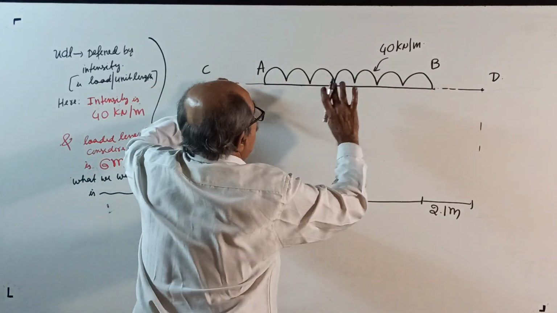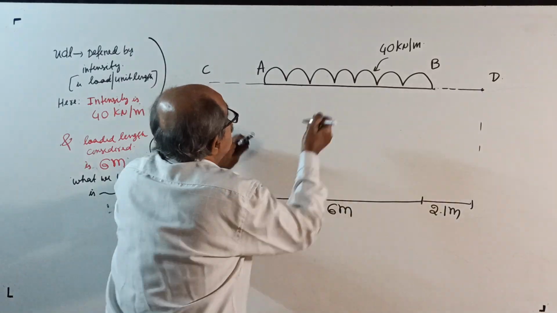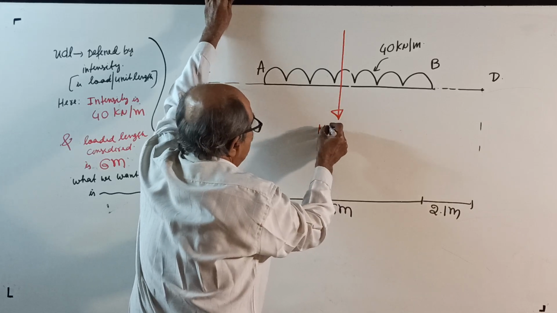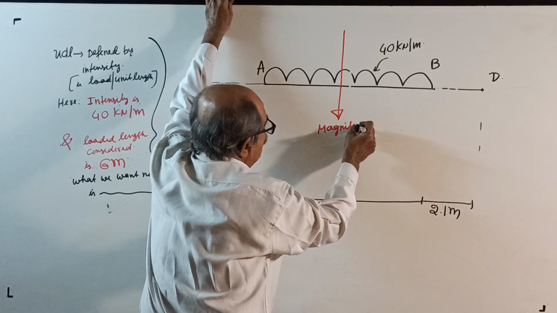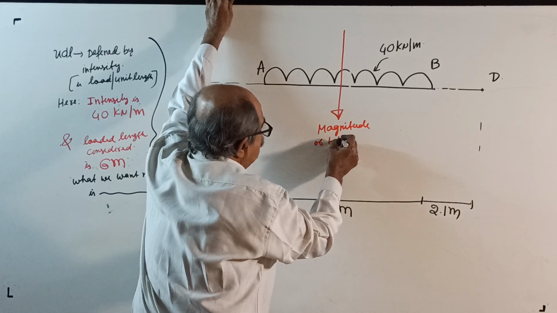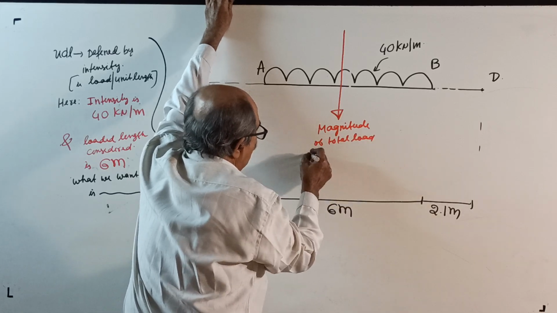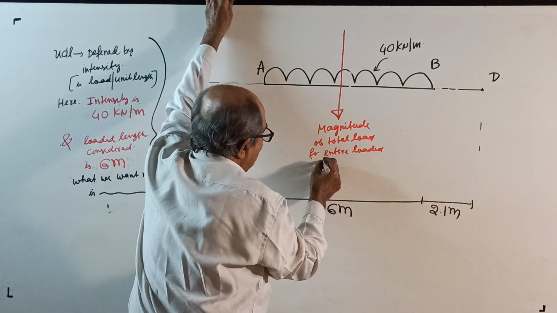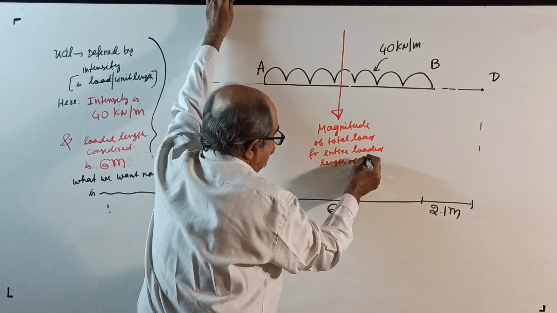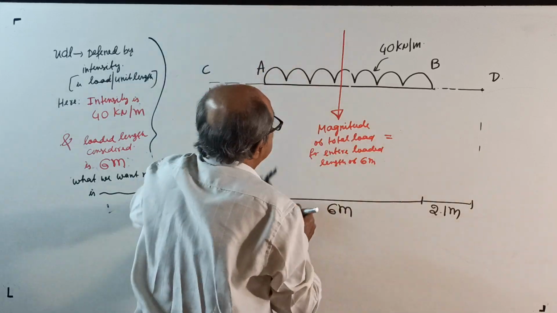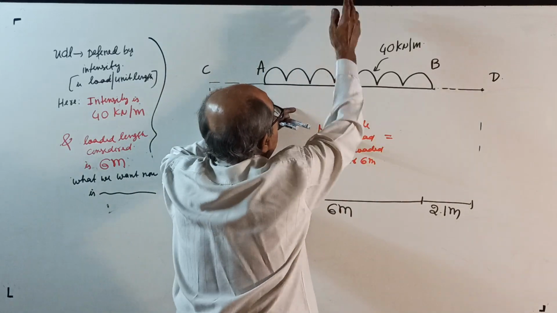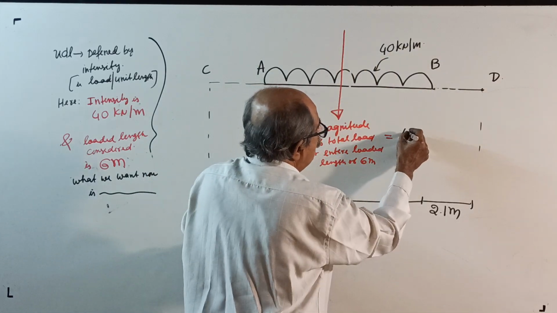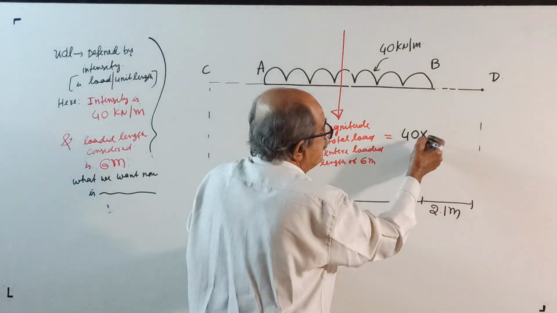Okay, see now. I told we want total load. See here. This is the magnitude of total load for the entire loaded length of 6 meter equal to, see here, I told you magnitude equal to 40 kilonewton per meter for 6 meter, equal to 40 multiplied, this is not moment, multiplied 6.